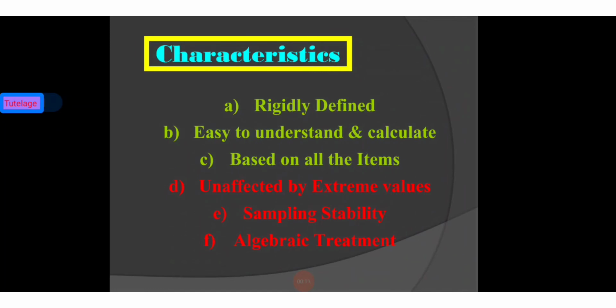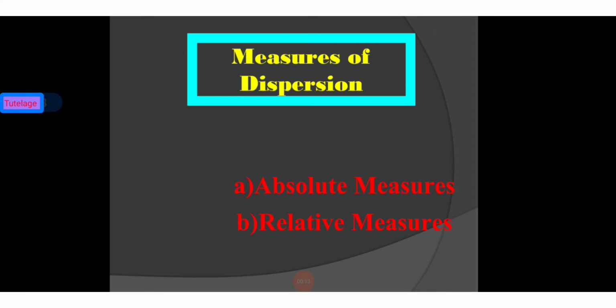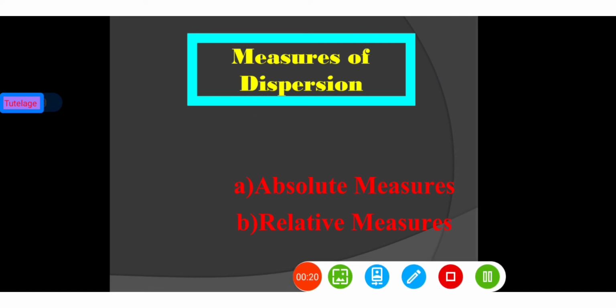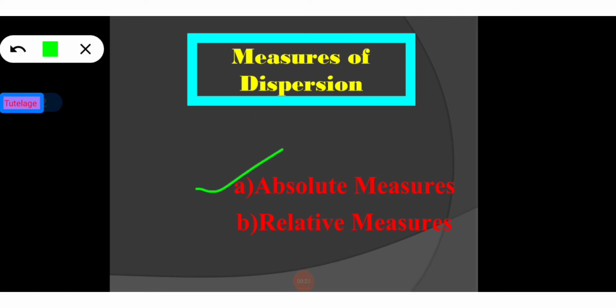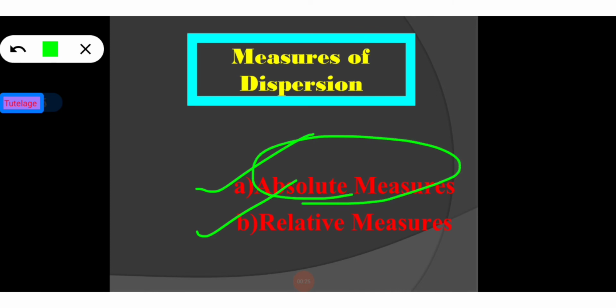So now move on to the next topic, types of measures of dispersion. There are two types: the first one is absolute and the second one is relative. At first we have to know what we mean by an absolute measure.